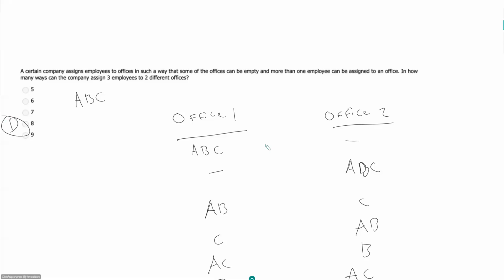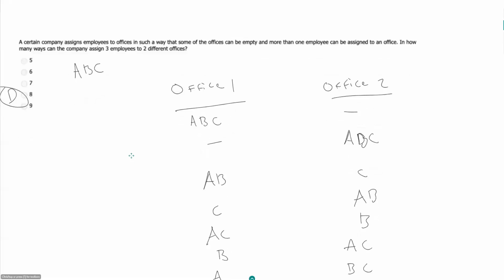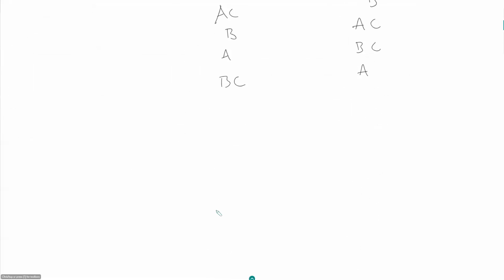Let's see, can we think of this as a combination question? I think we can do that too, if that is your preference. So if we do the same thing, how many ways can we put 3 people and 2 offices? Let's put everything in terms of just one office, office 1.